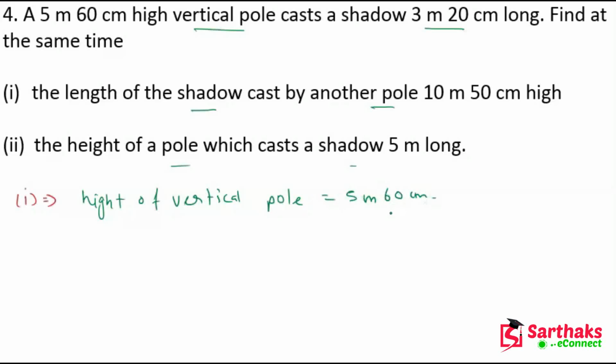If you convert it into centimeter, it will become 5 meter plus 60 centimeter. So this will become 500 centimeter plus 60 centimeter. So we get 560 centimeter. Understand?